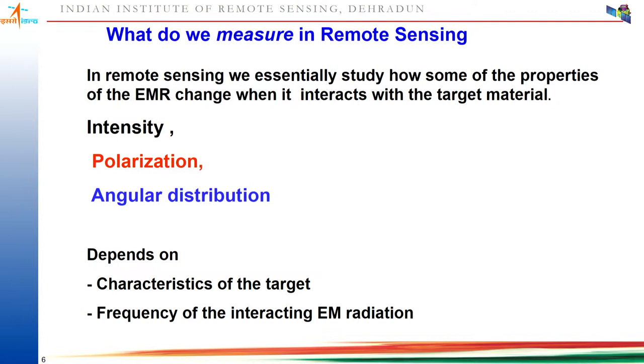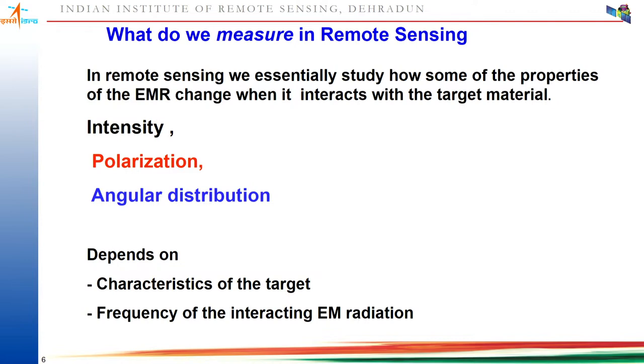Once the electromagnetic radiation interacts with the body, the intensity, polarization, or angular distribution changes, which we sense at the sensor level, whether it is a satellite, and then we try to indirectly infer the properties of it. When it passes through the atmosphere, obviously there is scattering or absorption from the atmosphere, and from the three parameters we measure, we try to infer the properties, the concentration, and the important aspects of the atmospheric particles.